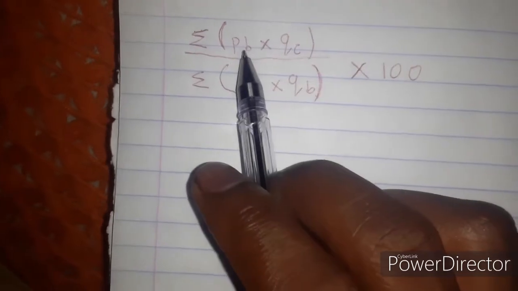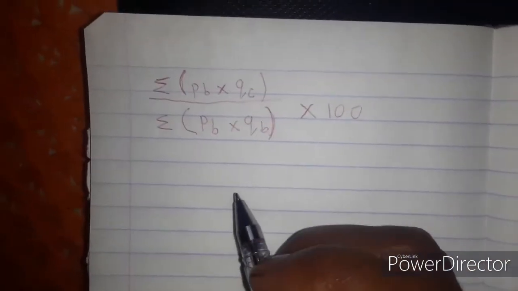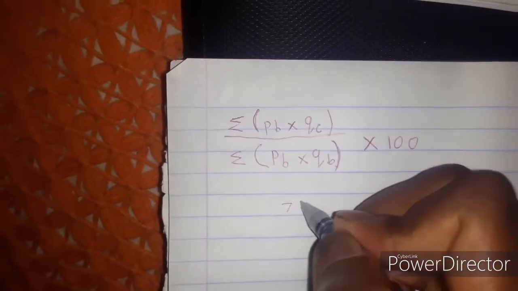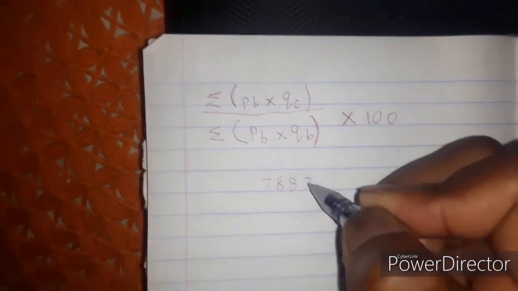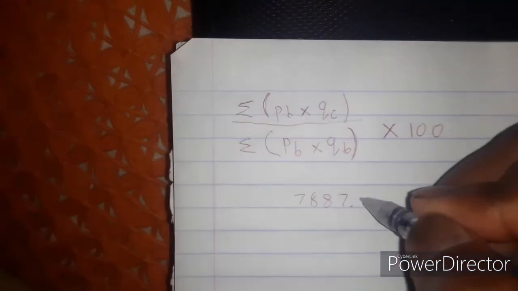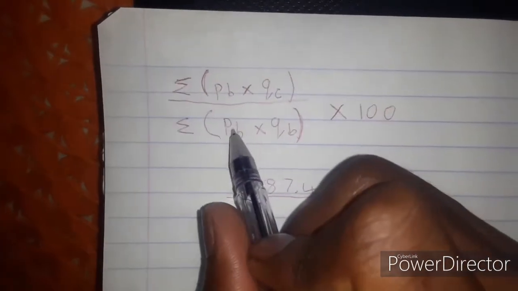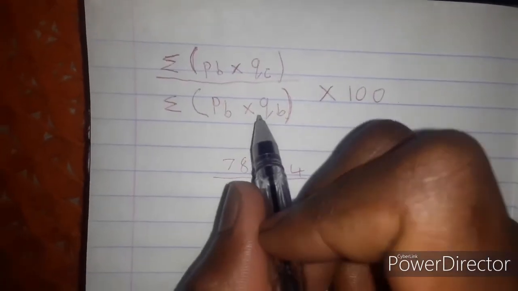That is the sum of P_B times Q_C. Divide. Then we want the sum of P_B times Q_B.